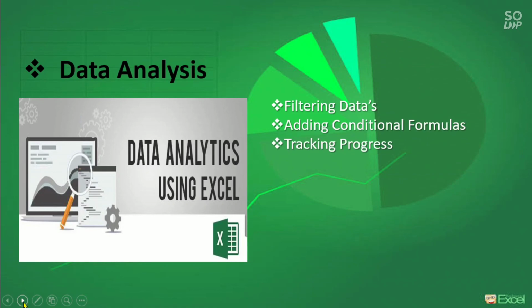Why tracking progress? Because when we are in business or even in school, we are about to track websites, or in business, tracking website visitors, product sales, customer reviews, marketing campaigns, user behavior, and events. Imagine without Excel, going through it one by one is very time and brain consuming.